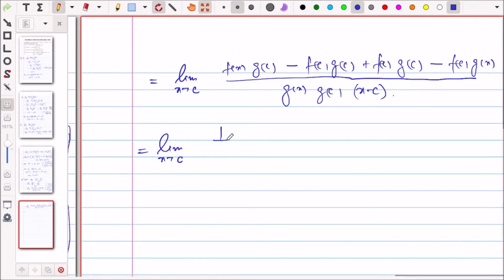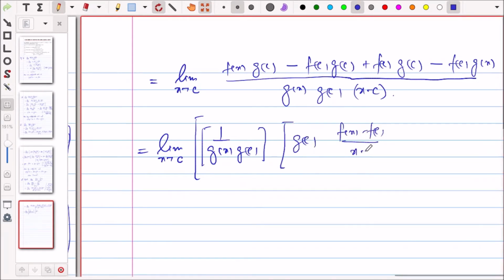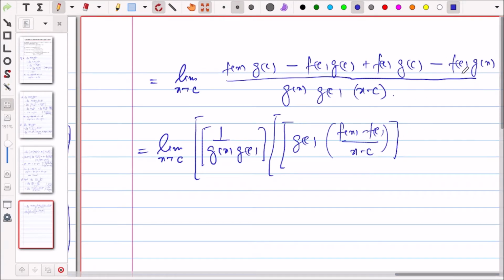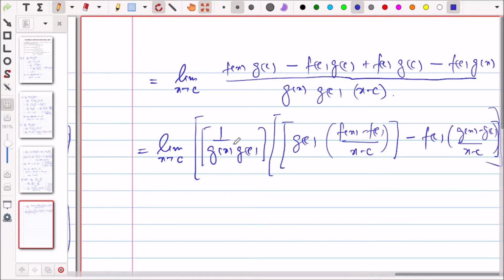This is limit x tends to c 1 by g(x)g(c), okay, 1 by g(x)g(c), एक तो ये आ गया, and then यहाँ से g(c) कॉमन निकलेगा and this will be (f(x) minus f(c)) upon (x minus c), right? और इधर से माइनस f(c) कॉमन निकलेगा and it will become (g(x) minus g(c)) upon (x minus c), right? ठीक है.